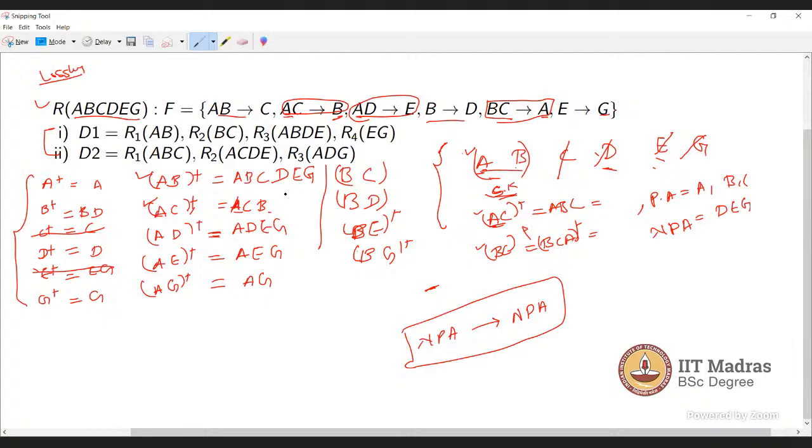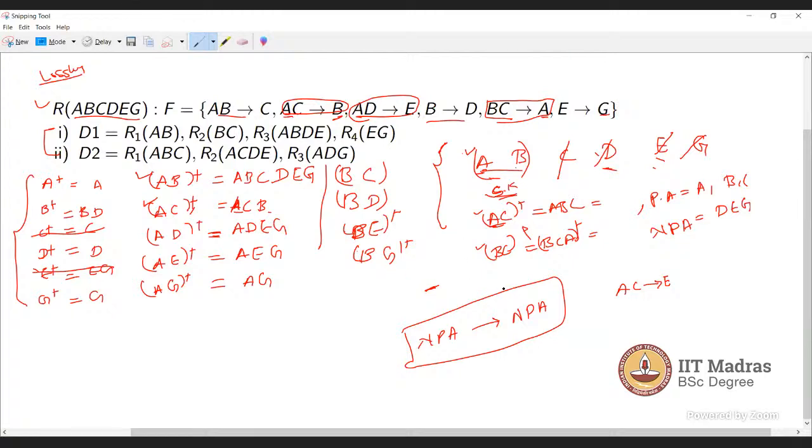So let's say AC, or any two attributes, is determining another attribute. Let's say AC is determining E. Sorry, one minute, a lot of background noise. So AC is determining E.